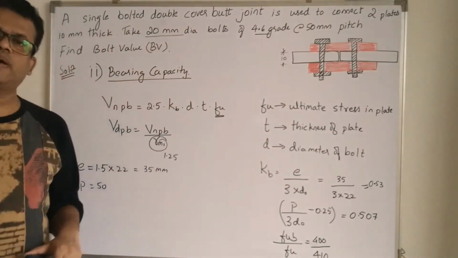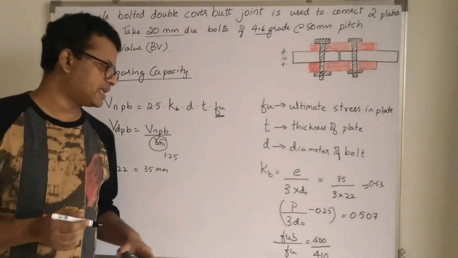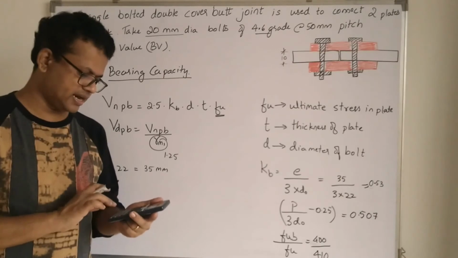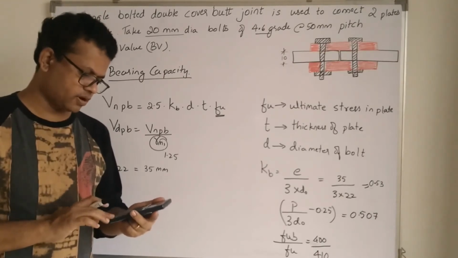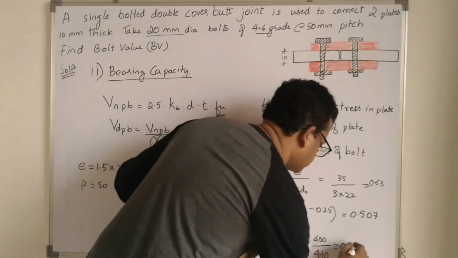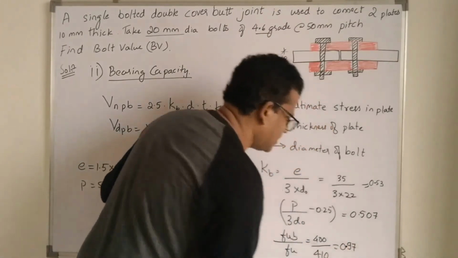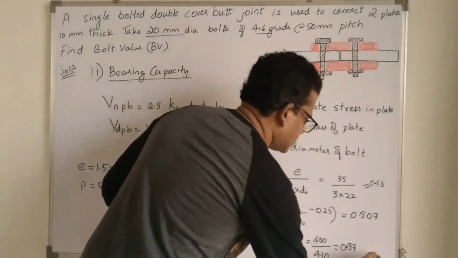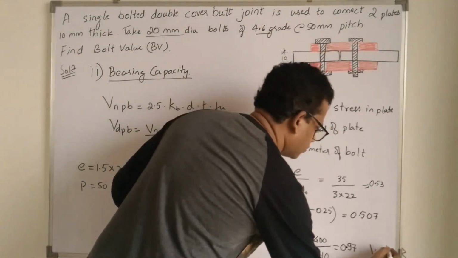There will be questions where they give the ultimate stress of plate, but there may be questions where they don't give it. So it is 400 divided by 410, which is 0.97. And the last thing to calculate is 1.0.